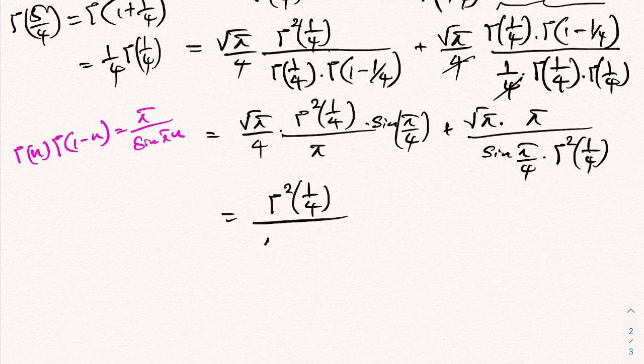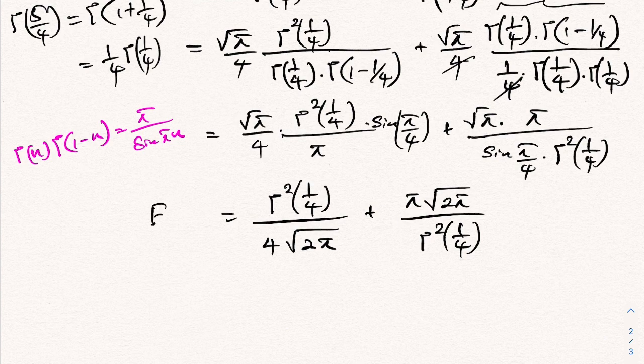So 4 times square root of 2 times pi, plus here sine of pi over 4 is 1 over square root of 2. So pi times square root of 2 pi over gamma square of 1 over 4. We know this is I, and I is equal to our integral. Okay, this is the answer for this integral.